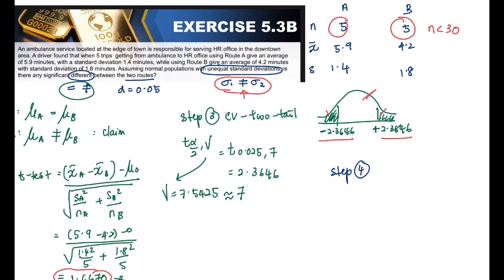So the t test is located here. It's less than 2.3646 and more than negative 2.3646. So acceptance region, accept H null.